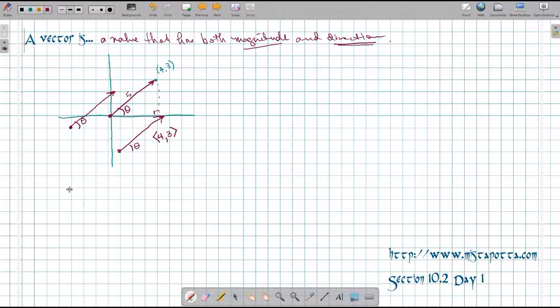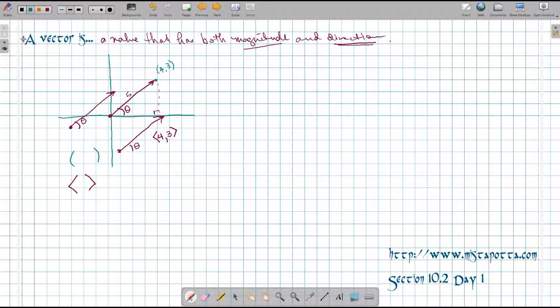The thing we're going to see that is different is that we're going to be using these angle brackets rather than the parentheses that we use when we're denoting a location. So vectors are going to be using these angle brackets.